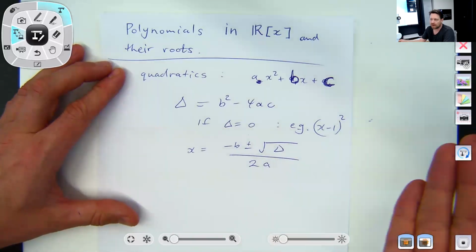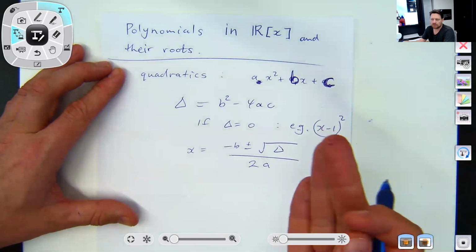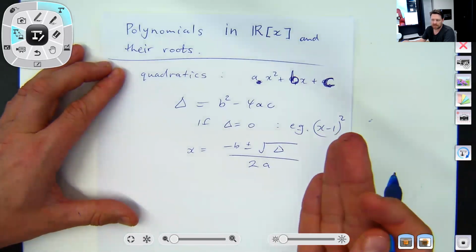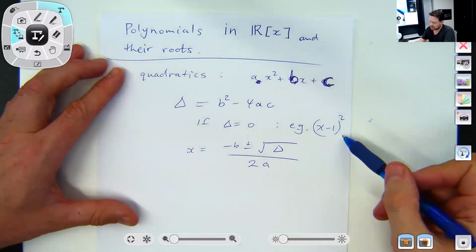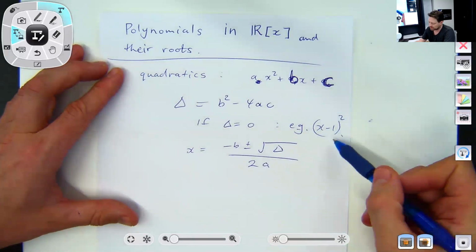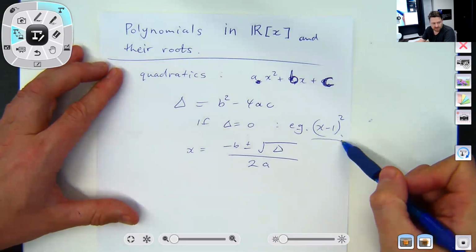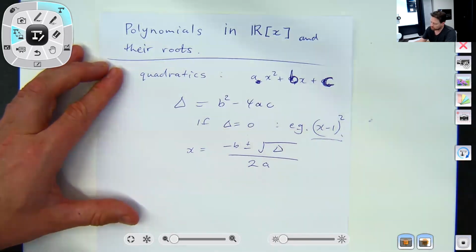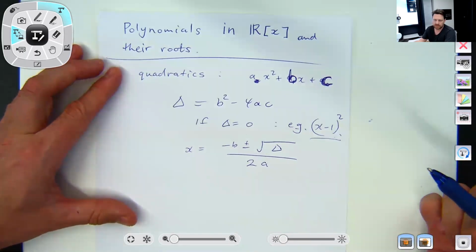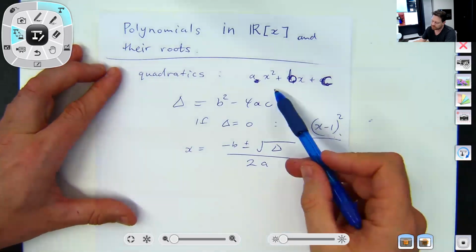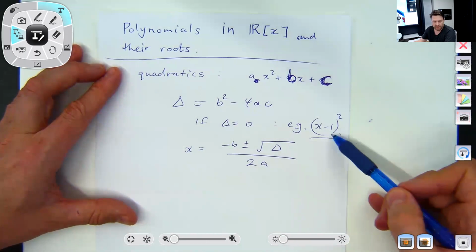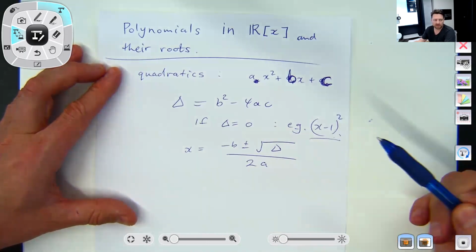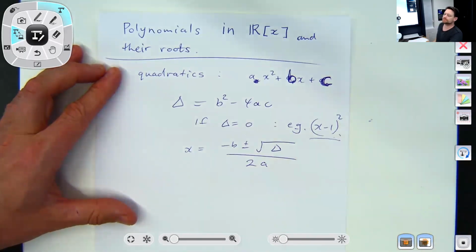So you have n complex roots, but in order to count n, you've got to count repeats like this. Okay, so we would say that this polynomial here has 2 roots. They're just repeated. So you have the number 1 twice. Okay, it's degree 2. You have 2 roots.